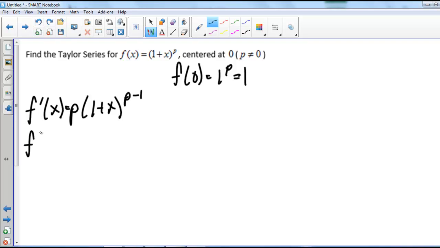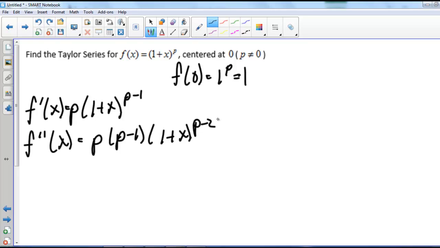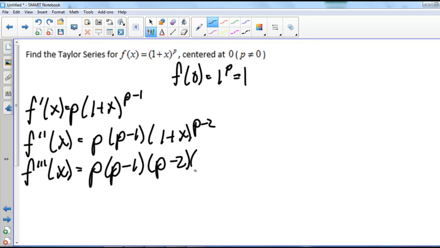Second derivative is p times p minus 1 times 1 plus x to the p minus 2. The third derivative is p times p minus 1 times p minus 2 times 1 plus x to the p minus 3.